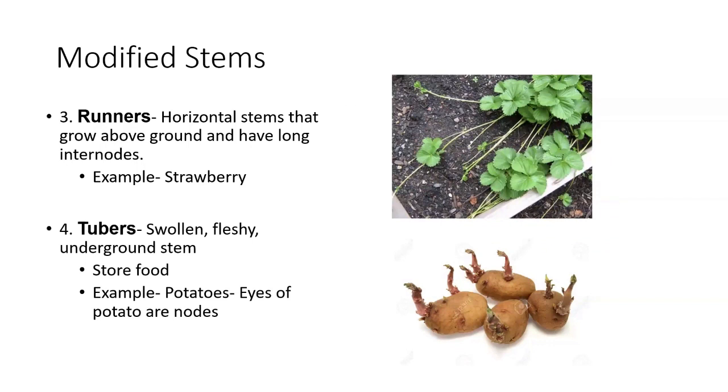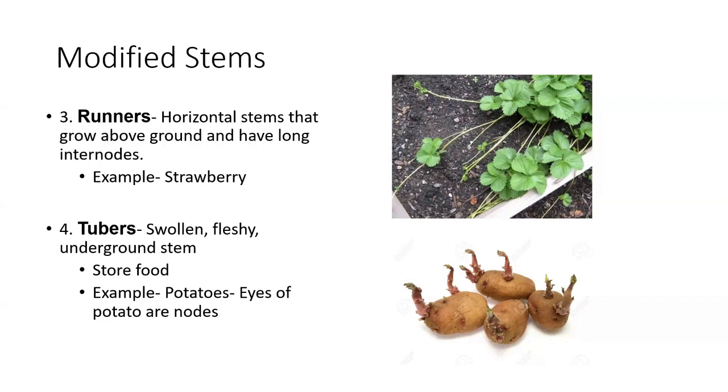Okay, a couple more modified stems. We have runners. These are not found on all plants, but many of our bramble fruits have runners. Strawberries, for example. These are horizontal stems that run above ground. Another term for runners would be a stolon.